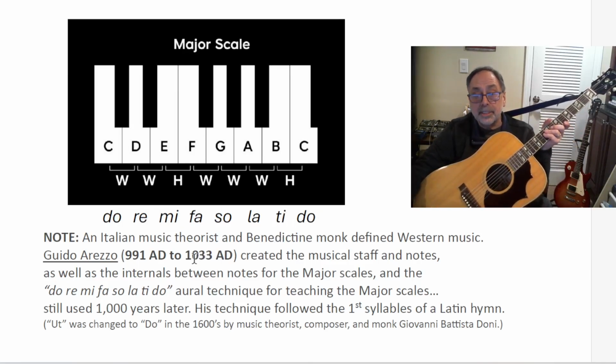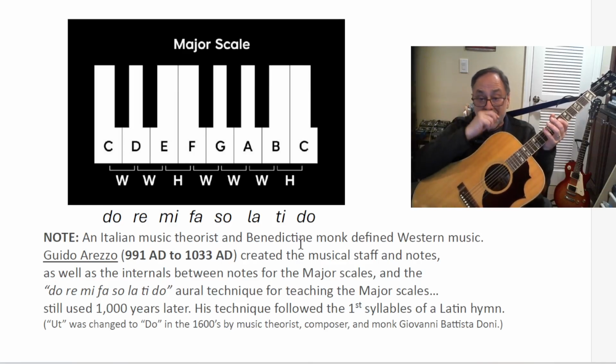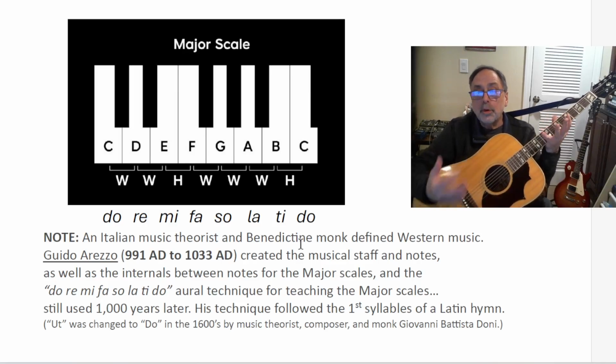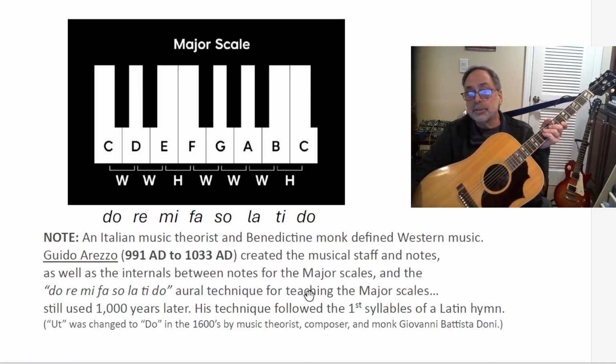Which, by the way, I put a note in here. It goes back 1,000 years to Guido of Arezzo, an Italian music theorist and a Benedictine monk, who created this major scale. He also created the musical staff, the lines with the notes, and this whole do, re, mi, fa, sol, la, ti, do audio way of teaching the scale for singing hymns, Gregorian chants mostly, back 1,000 years ago. In the 1600s, it was changed a little bit.